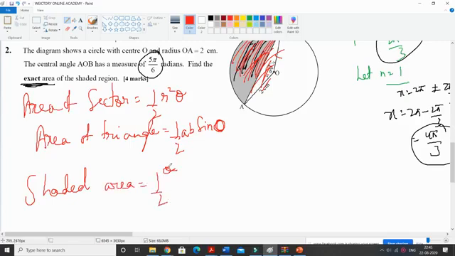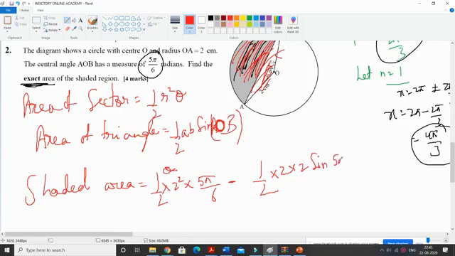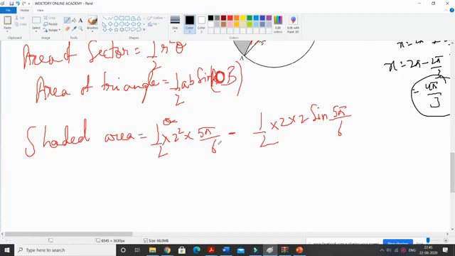So half r square, r is 2 square into theta is 5 pi over 6 minus half into AB. A is 2, it means these two sides are 2 and 2 into sine O. It's not 0, okay? It's sine O, or you can write AOB for clarity. So sine of theta is 5 pi over 6. Okay, so this is the formula. You just need to simplify now.